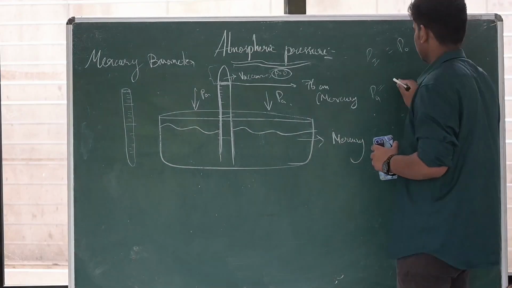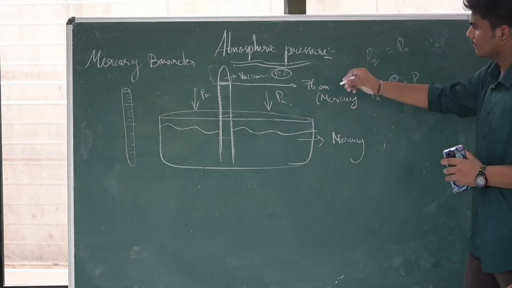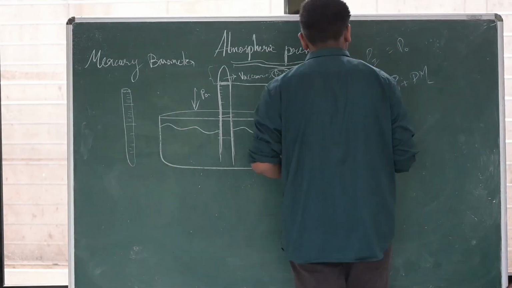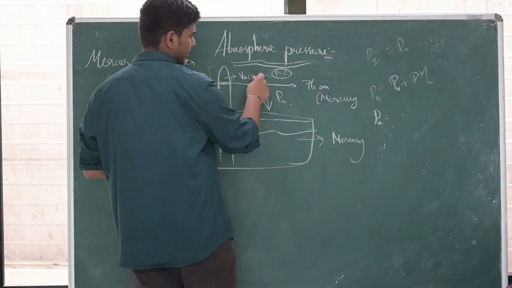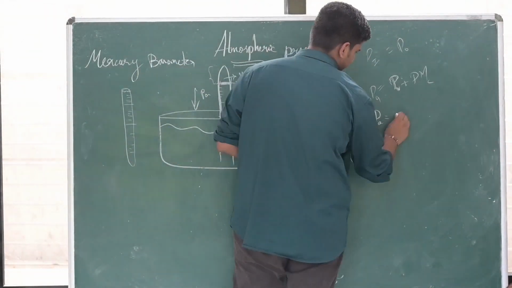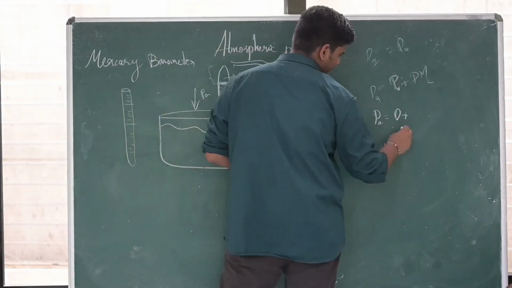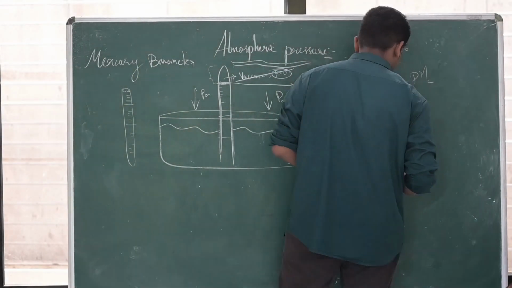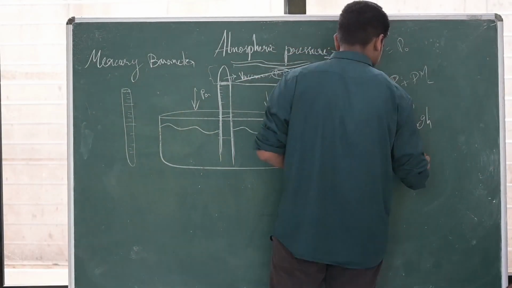P inside is pressure of vacuum plus pressure of the mercury column. Now, as there is vacuum, there won't be any pressure, so this will be 0 plus pressure of mercury column, which is rho of mercury, gravity and height. PA is equal to rho GH.